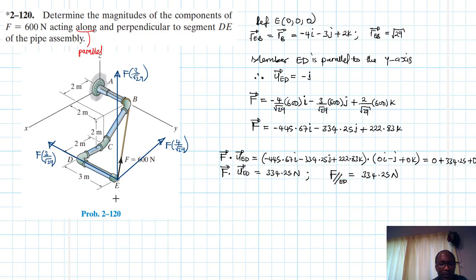So we need the perpendicular one. So this is what we have at the moment. Imagine we have a force vector like this. Imagine this is our resultant.